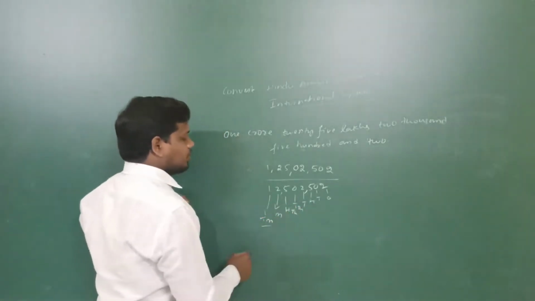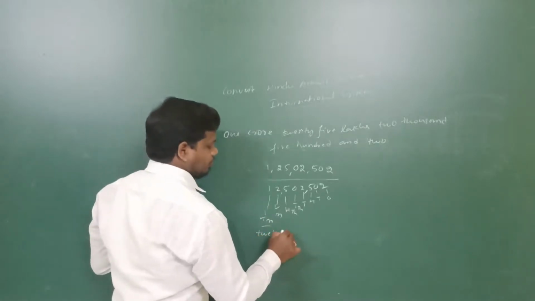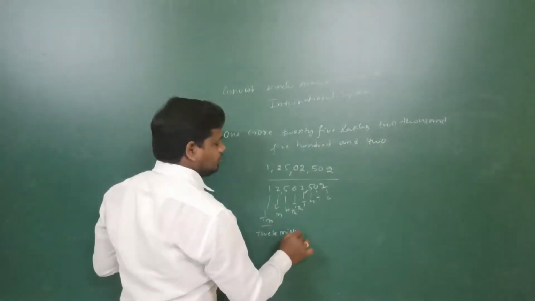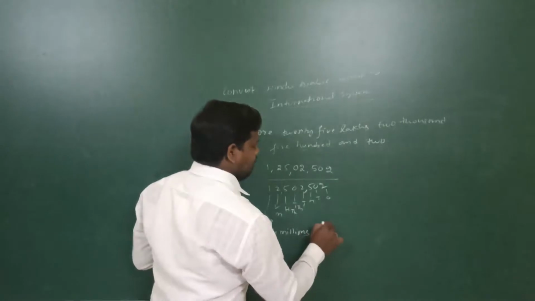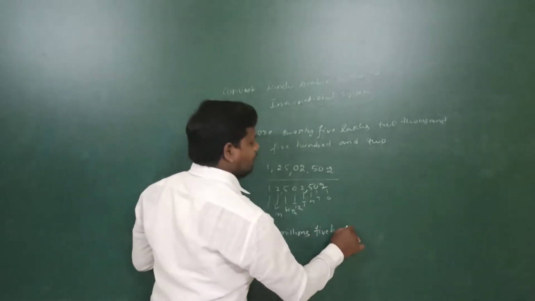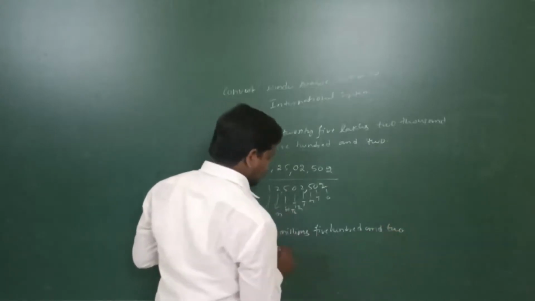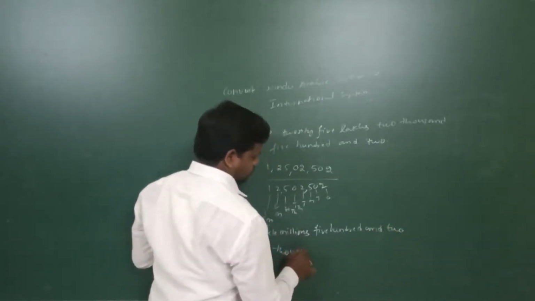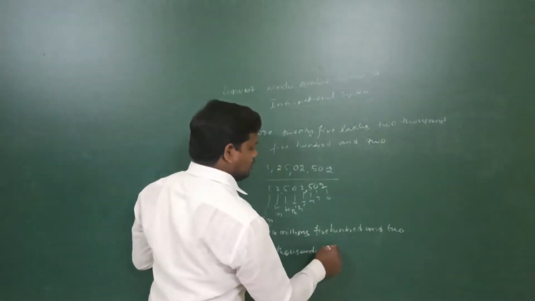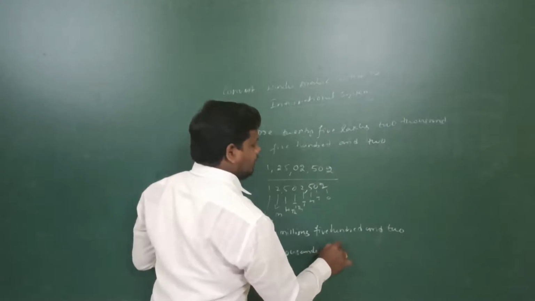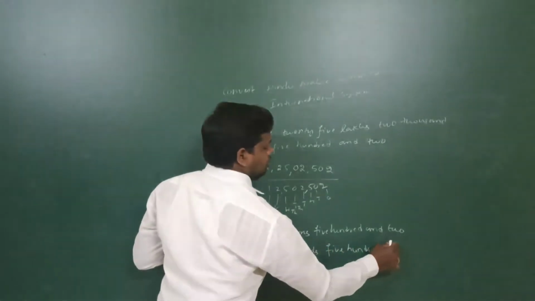So how can we express this? 12 millions, 500 and 2 thousands, 502 thousands, 500 and 2.